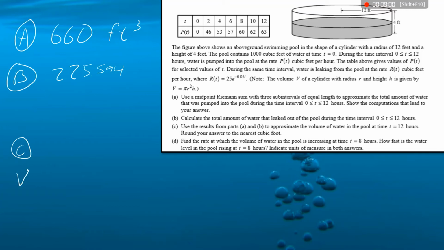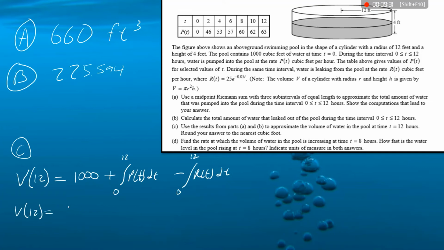The volume of water in the tank at time 12 is equal to what? 1,000 plus integration from 0 to 12 of P(t) dt minus integration from 0 to 12 of R(t) dt. Perfect. Then we'll just substitute in.